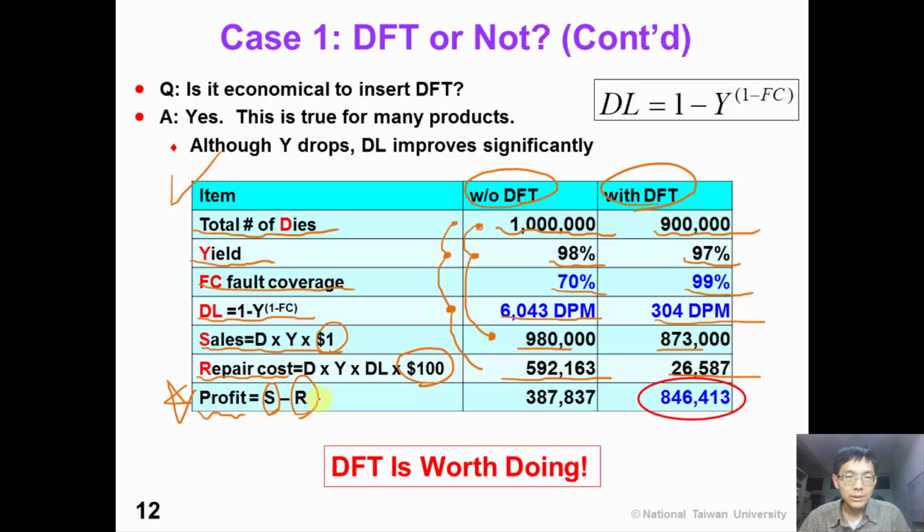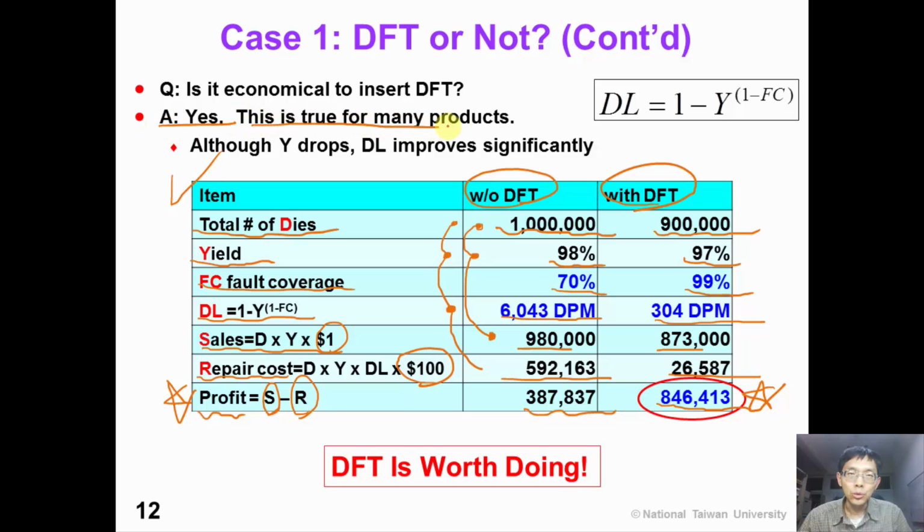So in the bottom line, the total profit of two products is equal to the sales minus the repair cost, which is $387,000 and $846,000 respectively. We can see that the winner is the product with DFT. So the answer is yes.